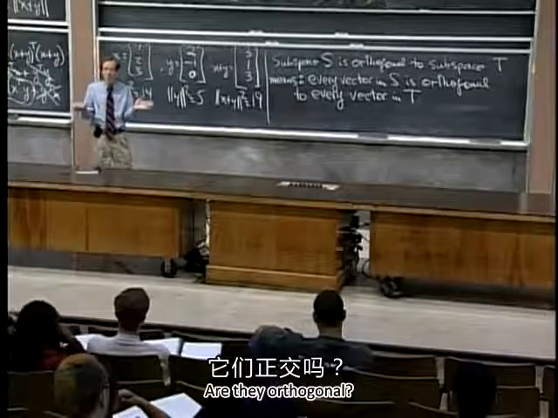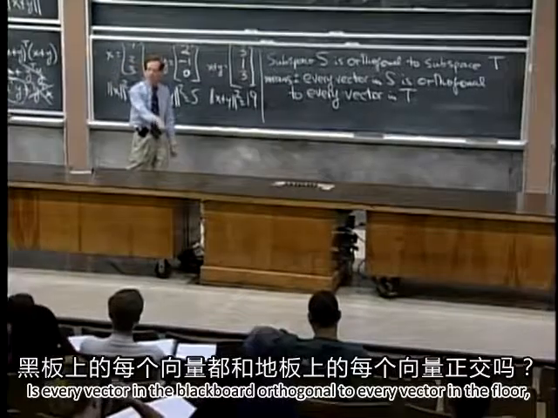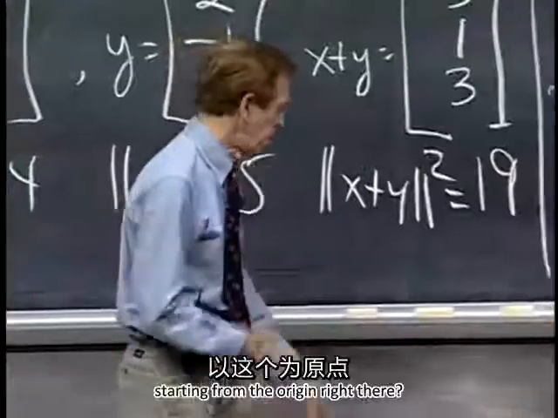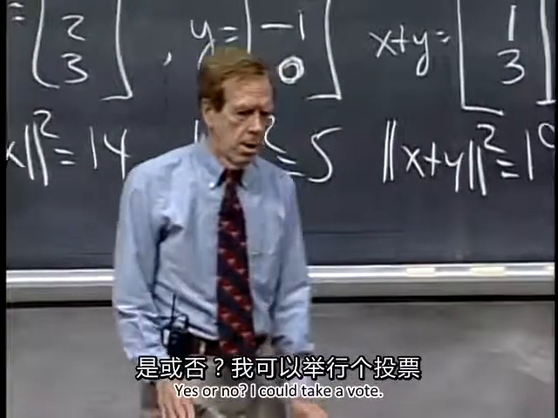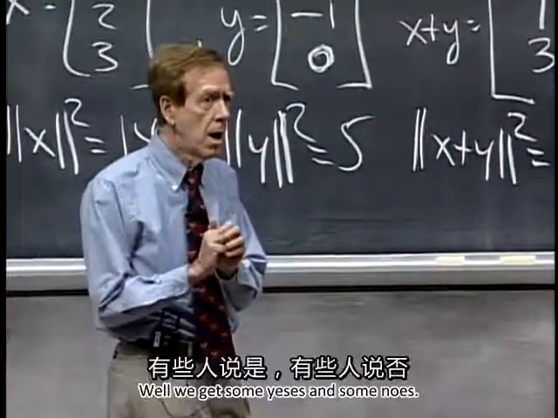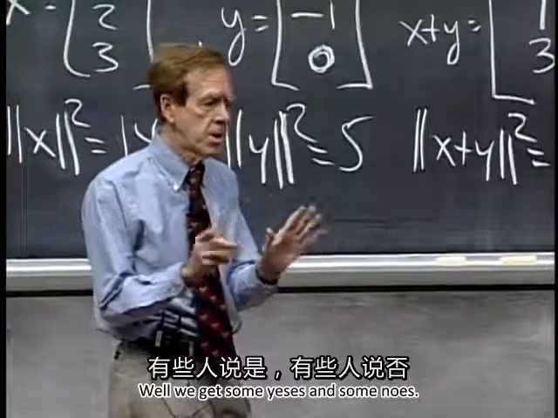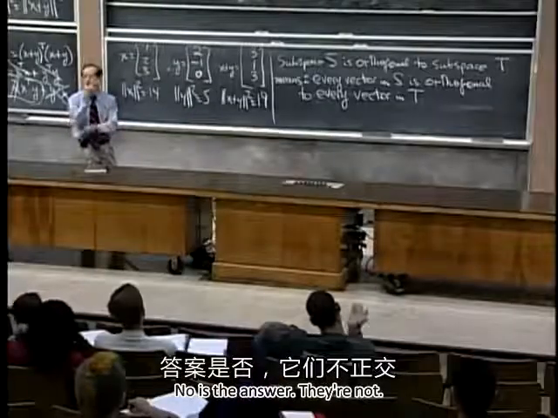Are they orthogonal? Is every vector in the blackboard orthogonal to every vector in the floor? Starting from the origin right there. Yes or no? I could take a vote. Probably get some yeses and some no's. No is the answer. They're not.